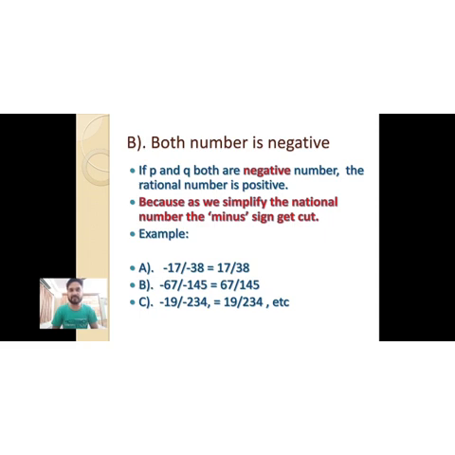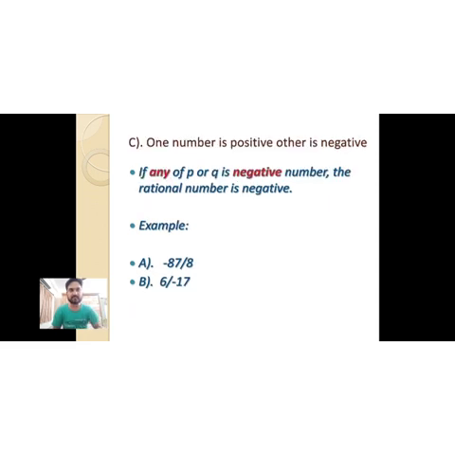For example, minus 67 upon minus 145 equals 67 upon 145, the minus signs being cut. And minus 19 upon minus 234 equals 19 upon 234. The signs of minus minus are cut and we get the positive answer.